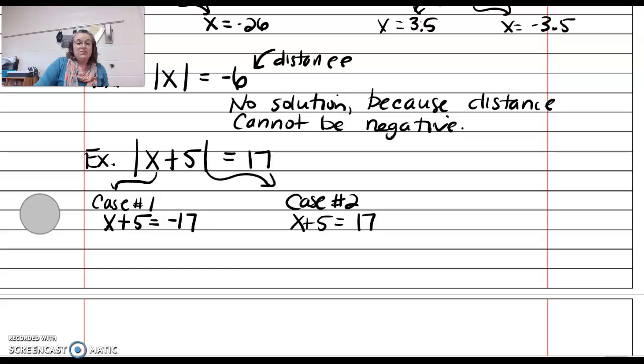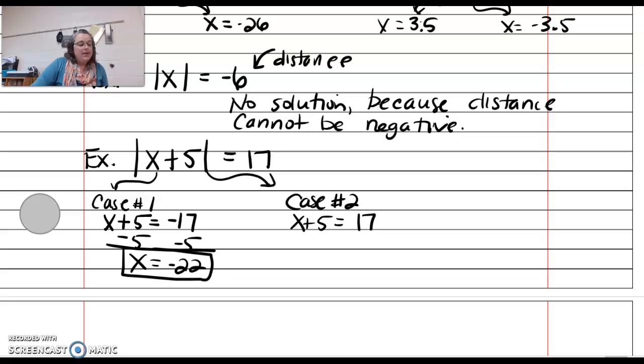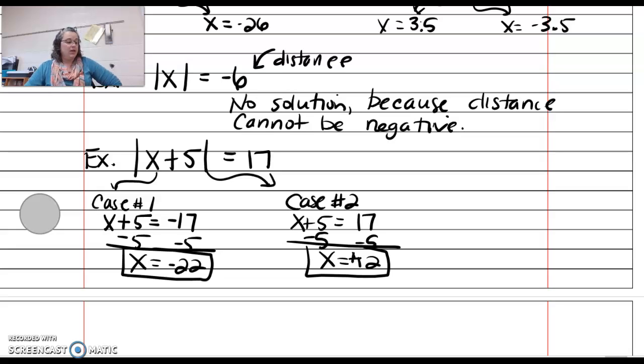Now we have to solve both. So we're going to subtract 5 from both sides. So I get x equals negative 22 for one possible solution. And then if I subtract 5 from both sides over here, I get x equals 12. So you have two numbers that would work here.